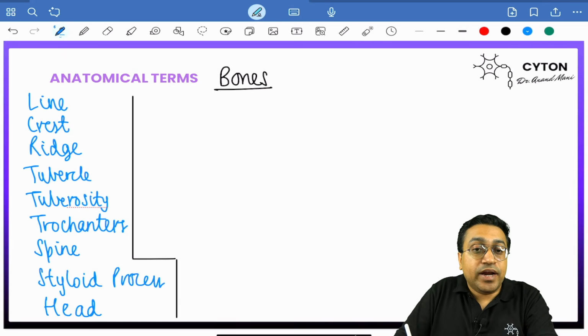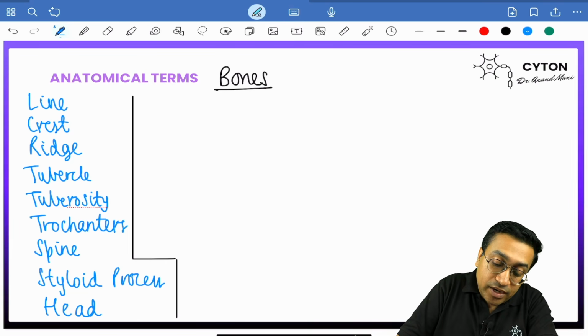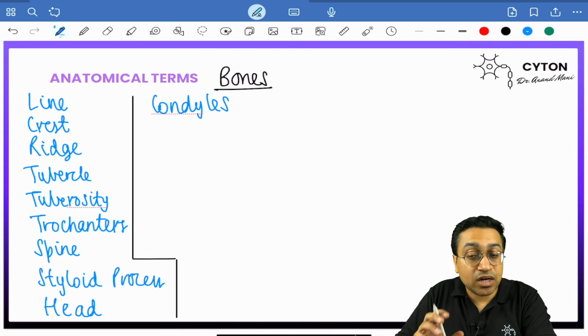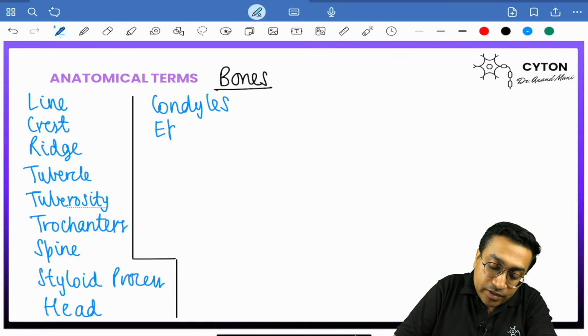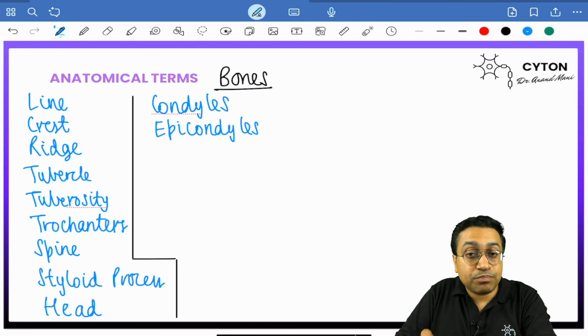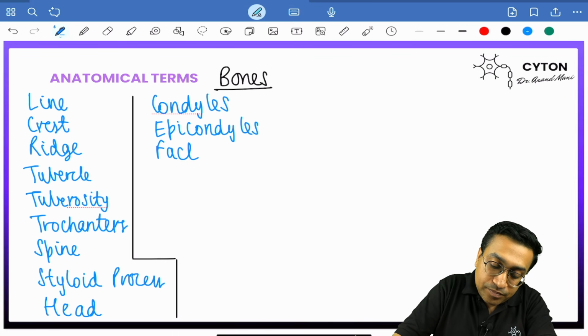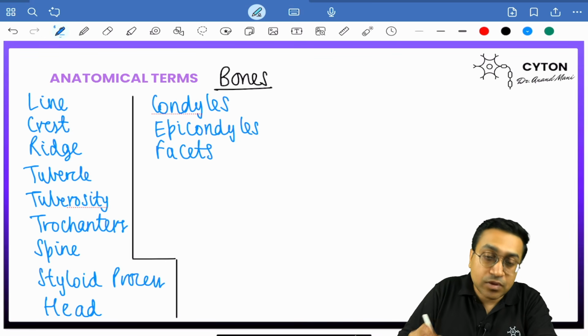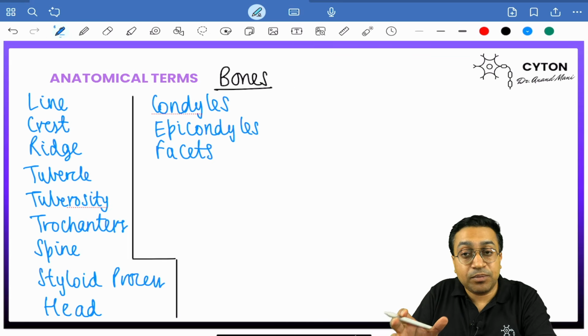What is head? Head is rounded articular end of the bone, example head of humerus. Okay, condyles, that is rounded knuckle like projections, example condyles of femur. Then epicondyles, that is rough prominence above the condyle, example epicondyles of humerus. Then facets, small flat area for articulation, for example facet on the vertebrae for the ribs.